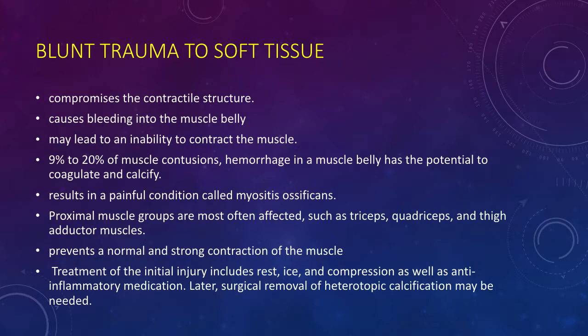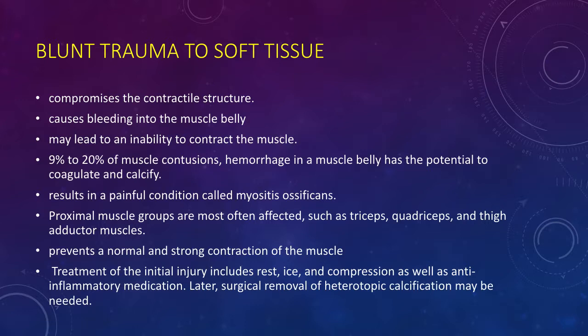Blunt trauma, we're all familiar with blunt trauma to our soft tissues. This compromises our contractility just simply on the basis of pain and hematomas into the areas of those muscle bodies. So we're bleeding into the belly of the muscle, therefore we can't get a proper shortening of our sarcomeres. Everything's just not working the way it should.